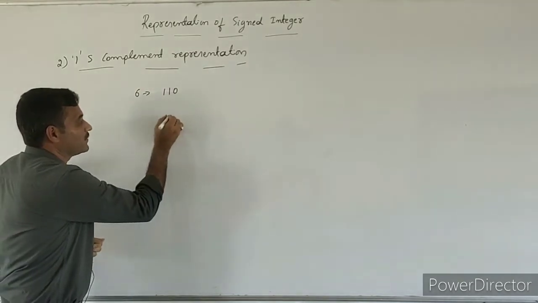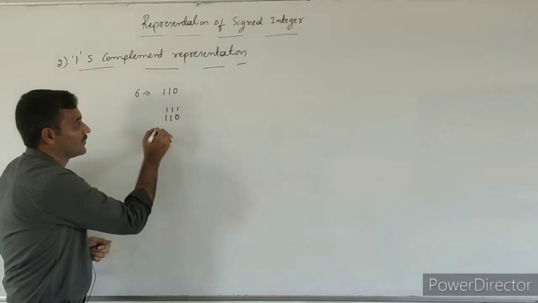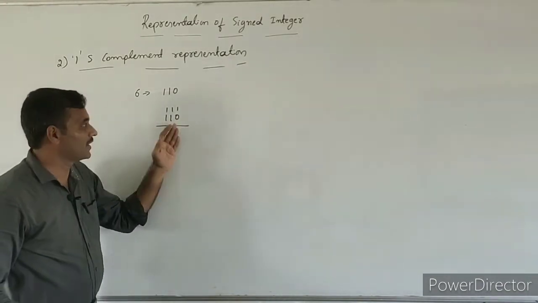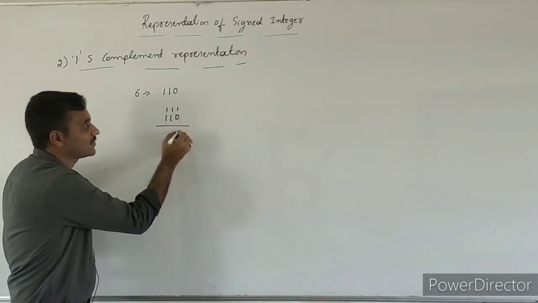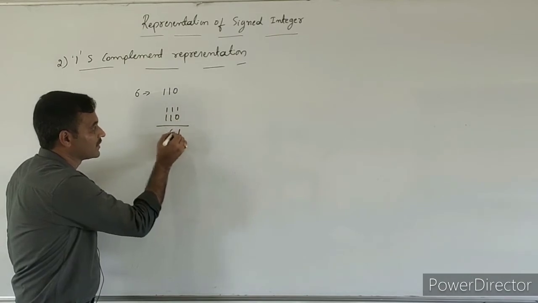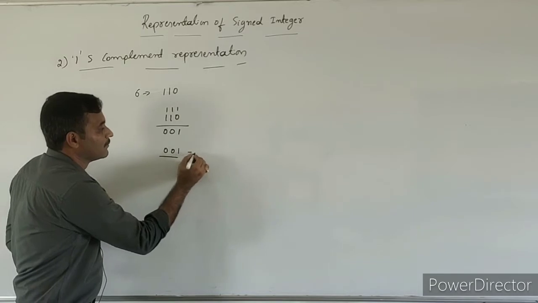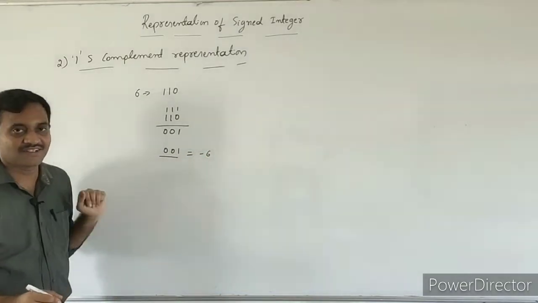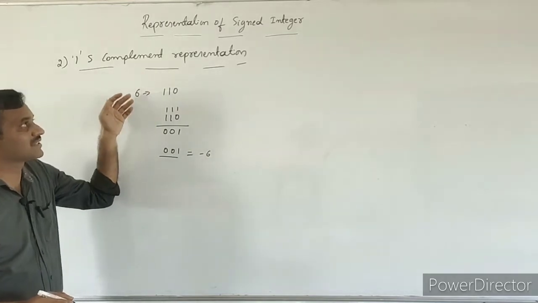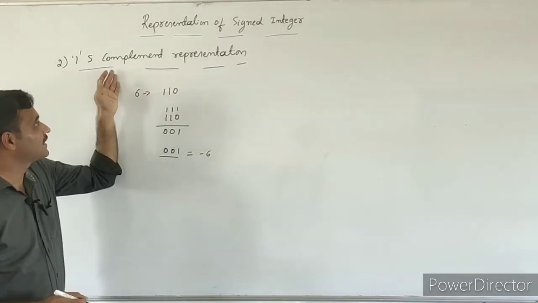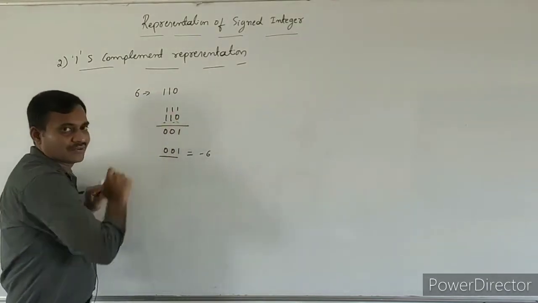That is, 110 is decimal 6, and all bits are subtracted from 1. That is 1 minus 1 is 0, 1 minus 1 is 0, 1 minus 0 is 1. So 001 represents minus 6. That is the ones complement representation. It is used to represent a signed integer. Here we subtract all binary digits from 1.